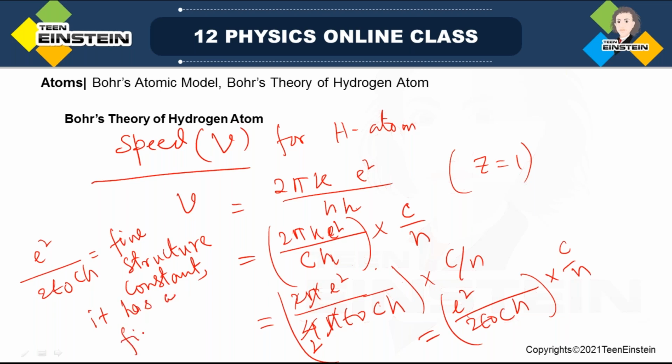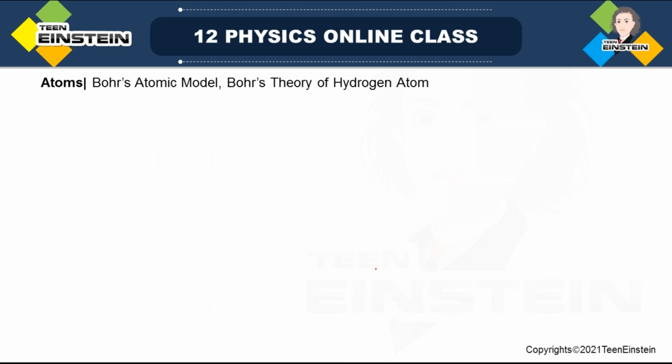It is denoted by alpha. Alpha is actually e square by 2 epsilon naught ch, right? So this is alpha, the fine structure constant.